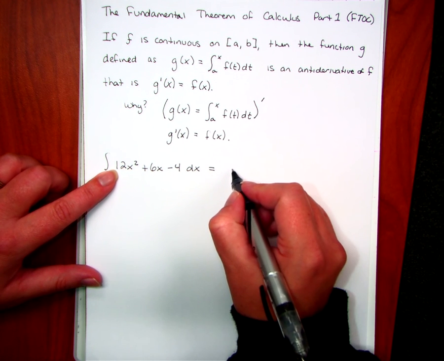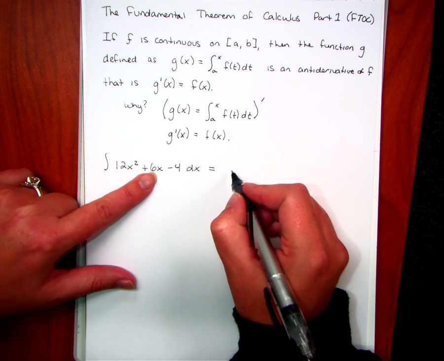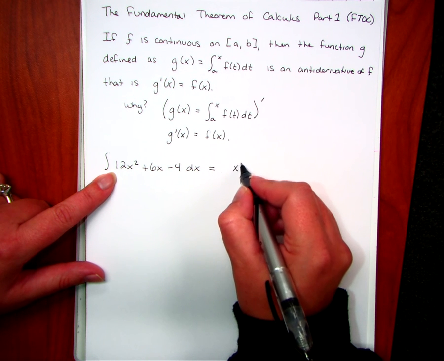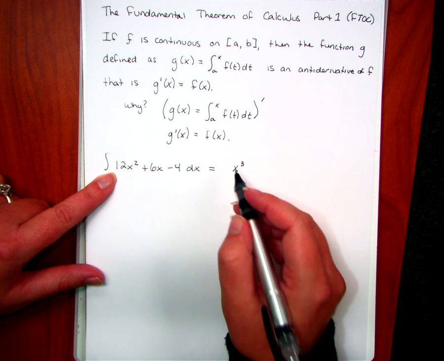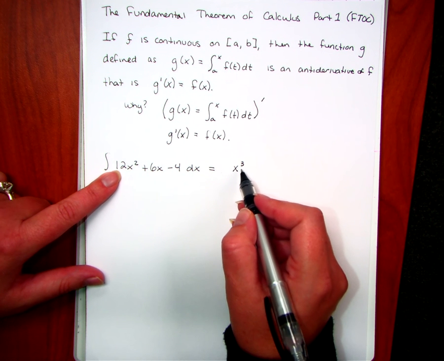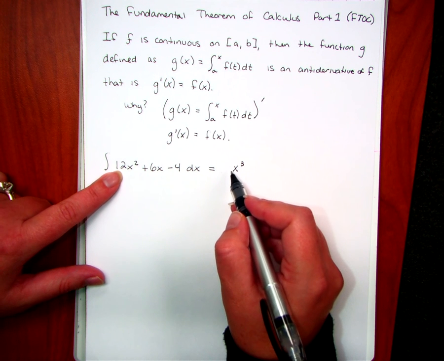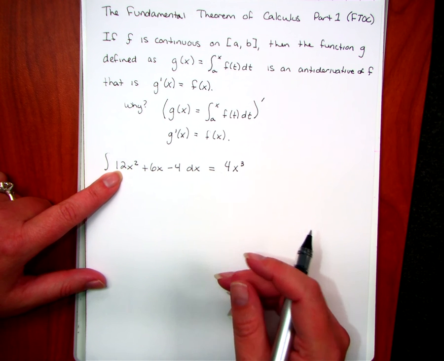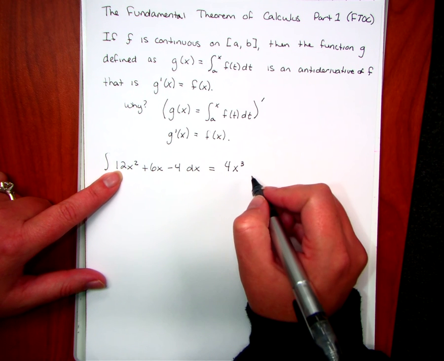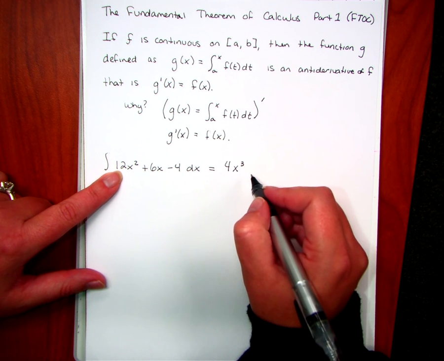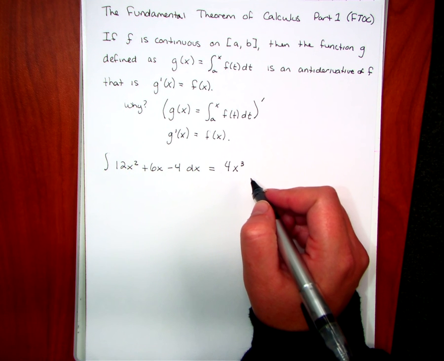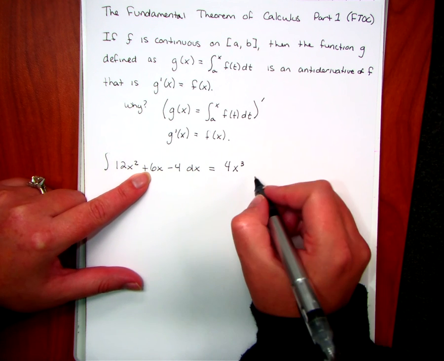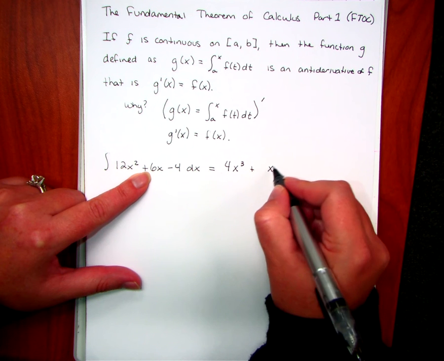So the antiderivative of, one term at a time, the antiderivative of 12x squared is increase the power of x squared by 1, right? And we get x cubed. The derivative of x cubed is 3x squared, but I want 12x squared, so I'm going to add a 4 here. And then the antiderivative of 6x is increase the power by 1 again.